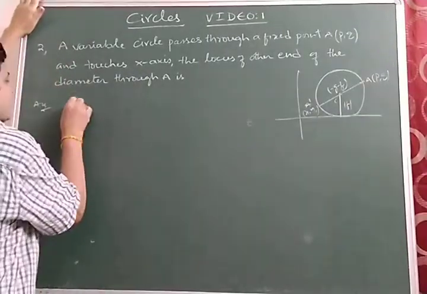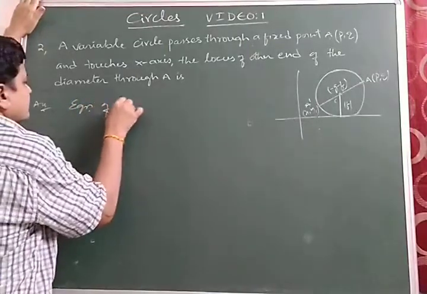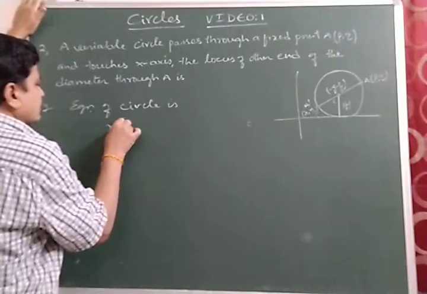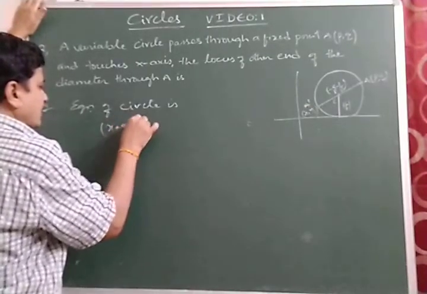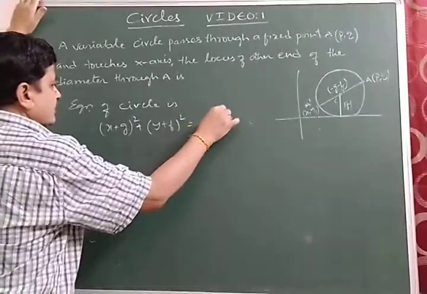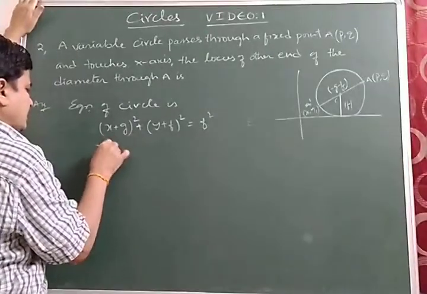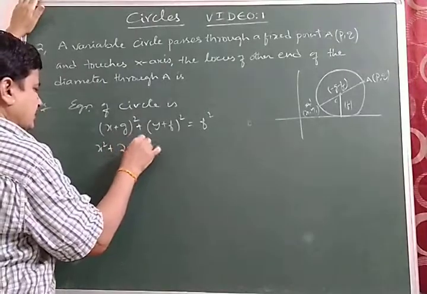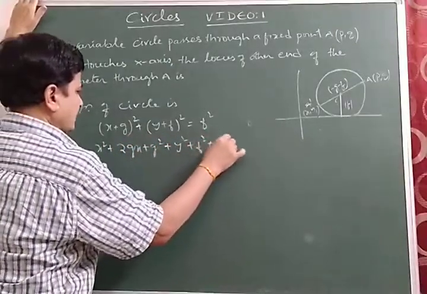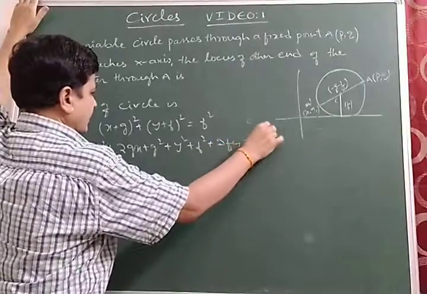That is, the equation of the circle is (x plus g) whole square plus (y plus f) whole square equals f square. So x square plus 2gx plus g square plus y square plus f square plus 2fy equals f square.